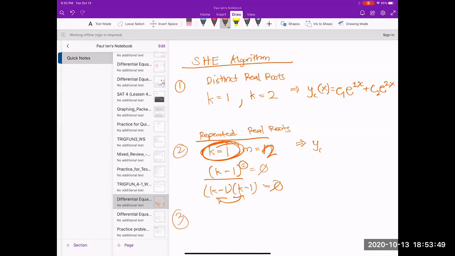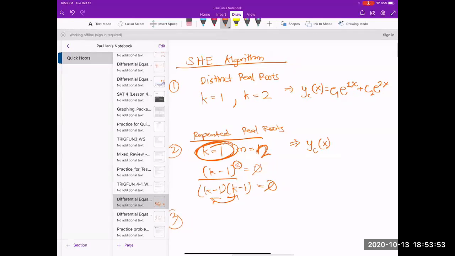So for repeated real roots, the general or complementary solution for the second order homogeneous equation is y(x) = c1 e^(1x) + c2 x e^(1x).